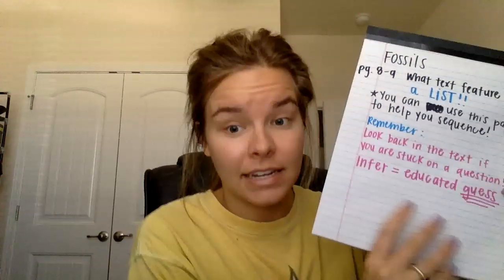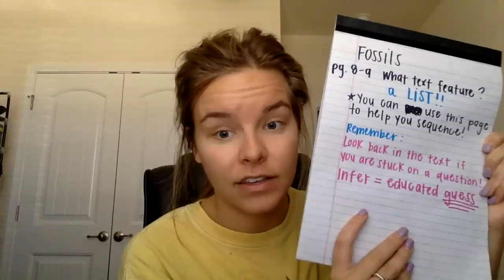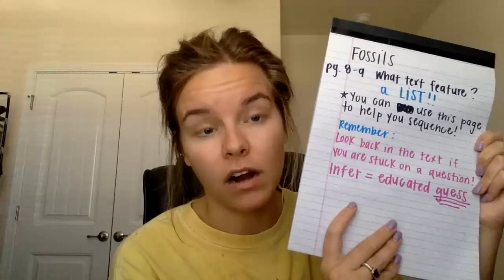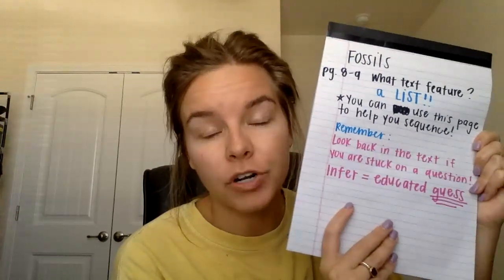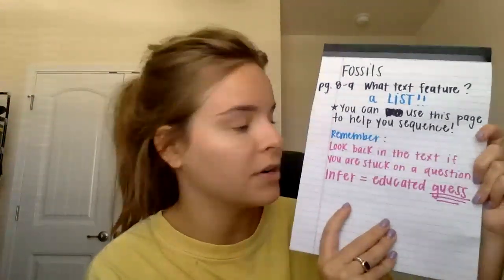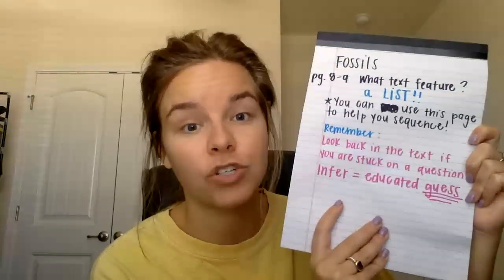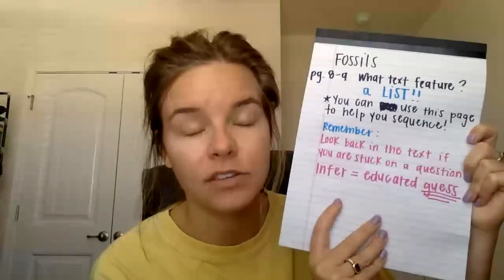We might guess that those places weren't always dry. Maybe at one time, a long, long time ago, those places were underwater, maybe even an ocean or a lake. And so that's an educated guess that we can have. And remember, when we infer while we're reading, it really helps us understand and kind of stretch the story and stretch our brains a little bit.